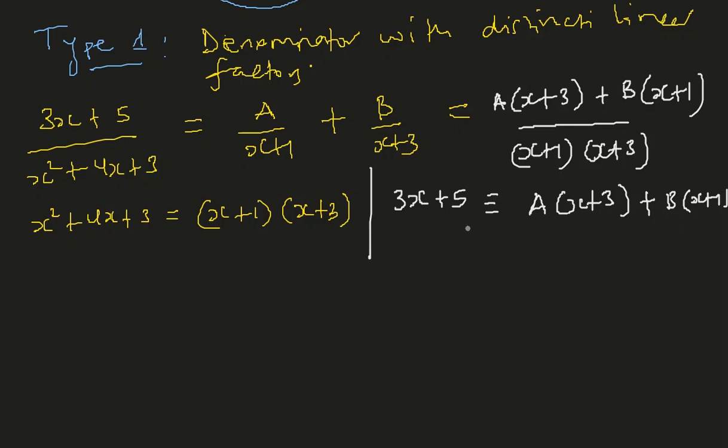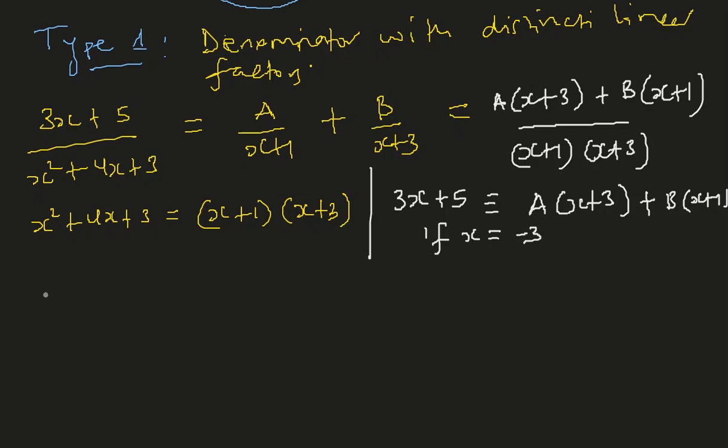For example, in this case, if I want this A to disappear, I can use the value of x equal to -3. So if x is -3, what happens? Let's substitute in the equation.